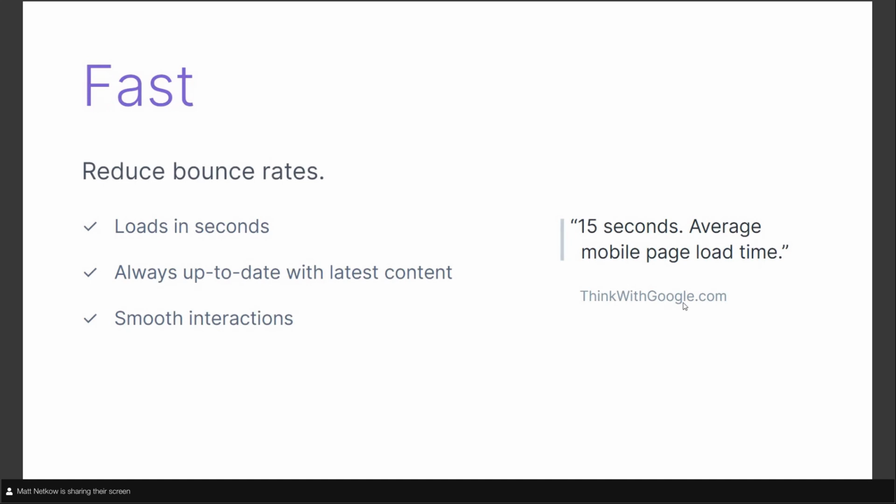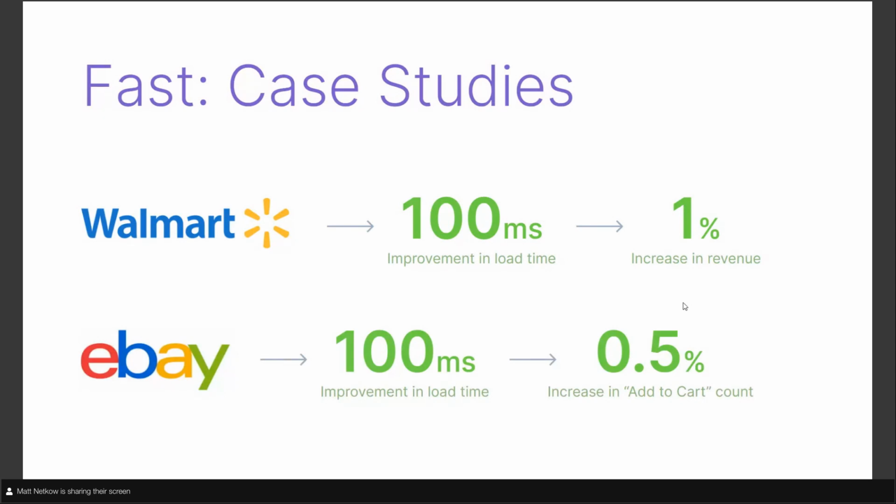So by building a really fast PWA, you're enabling the ability to keep your customers engaged and reduce them from bouncing out. In the case study world, why this matters, there's real-world impact for building a web app, a PWA, that's very fast. Specifically, Walmart and eBay looked at shaving off just 100 milliseconds in improving their load time.